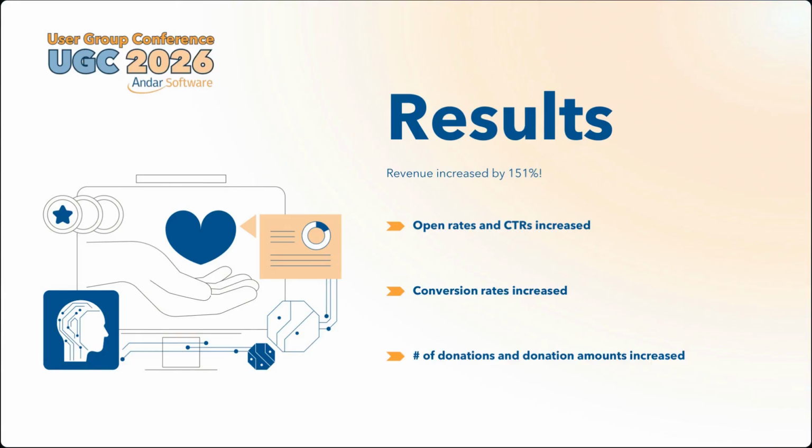So that's a 151% increase. The average donation increased by 13%, and the number of donations increased by 123%. So they had really, really great results just by optimizing a few things.